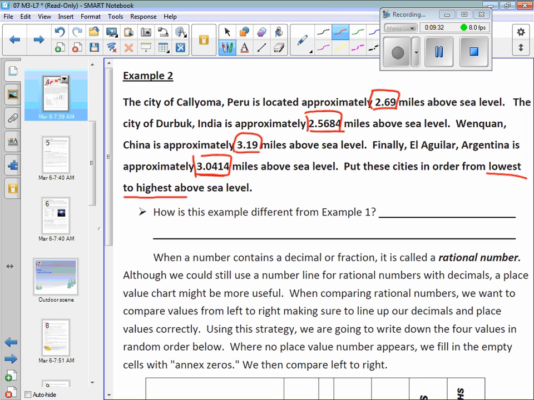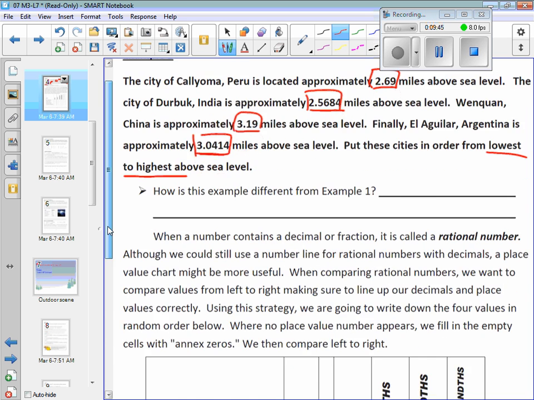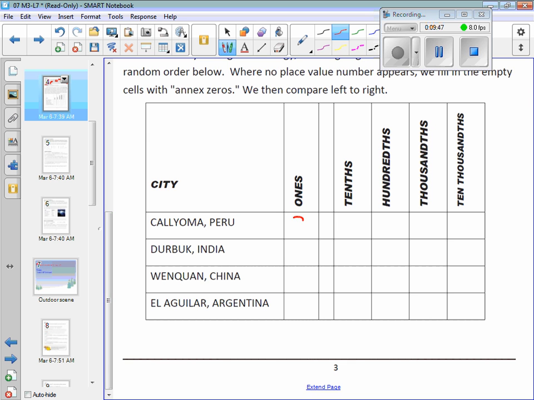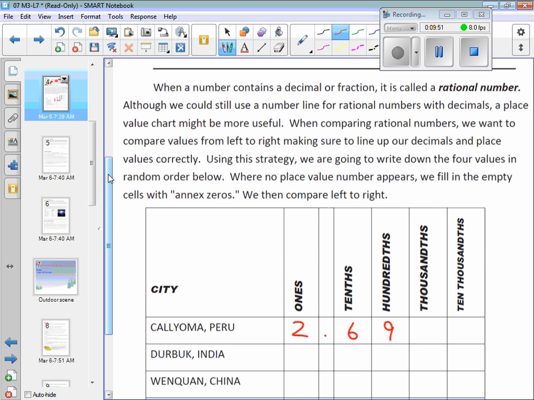And here's how I want you to do it. The sub may have taught it this way, but I'm not sure, so I'm going to show it to you again. I'm just going to take the four rational numbers in the order in which they appear in the question, which is random order. And we wind up with 2.69 again. This is just from how it's listed in the question.